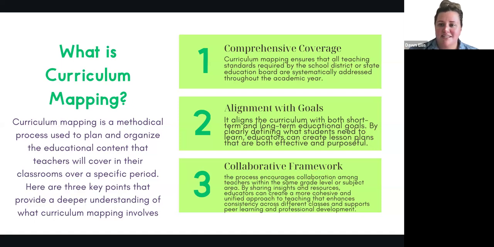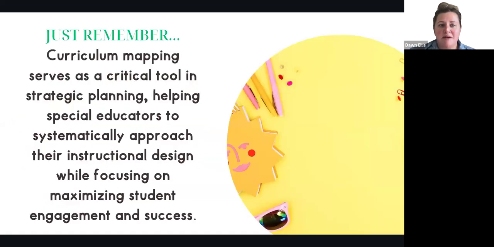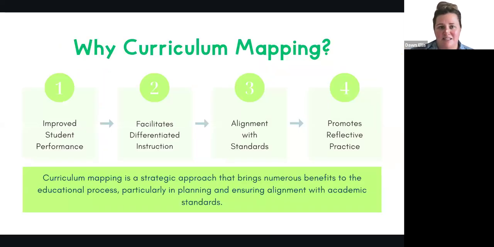When you consider these three things, it allows you to really thread a strong foundation for what you are covering. Curriculum mapping serves as a critical tool in strategic planning, helping special educators to systematically approach their instructional design while focusing on maximizing student success and engagement.